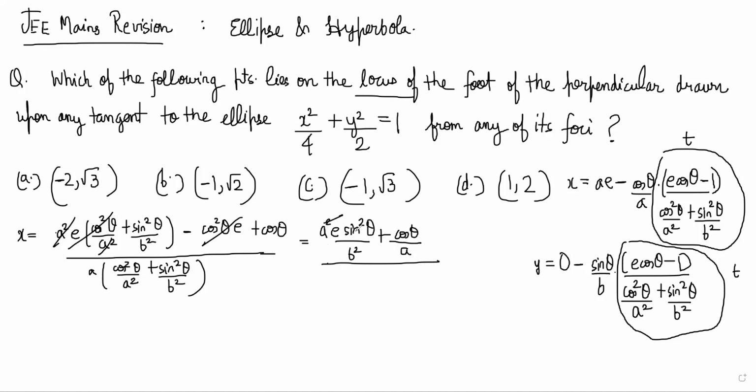We get a e sin square theta by b square plus cos theta by a, and here we get cos square theta by a square plus sin square theta by b square. It doesn't come out nicely.